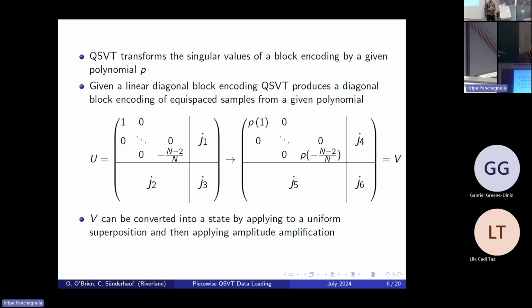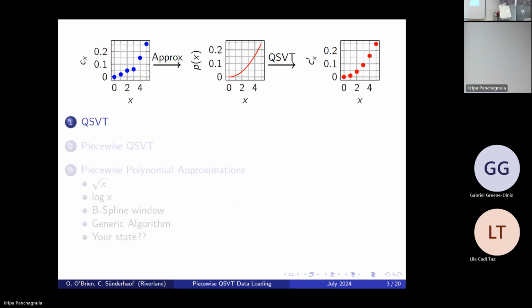Then you either measure until you measure the junk being all 0, or you can do amplitude amplification to amplify onto the state where the junk is all 0. Yeah, so that's the approach that they used, and that's how you can do this second step here.